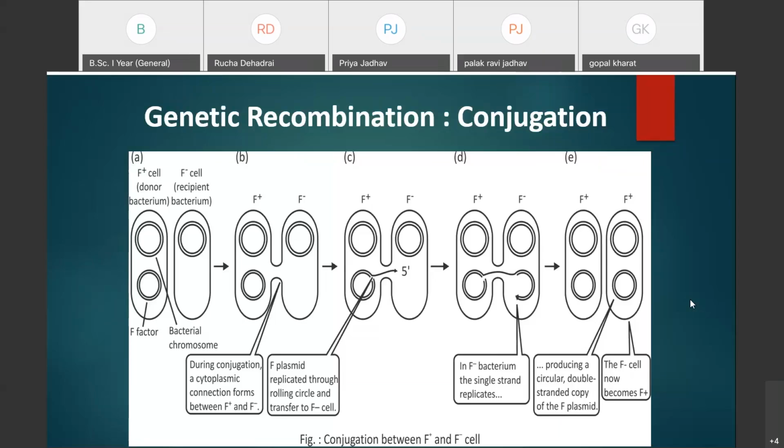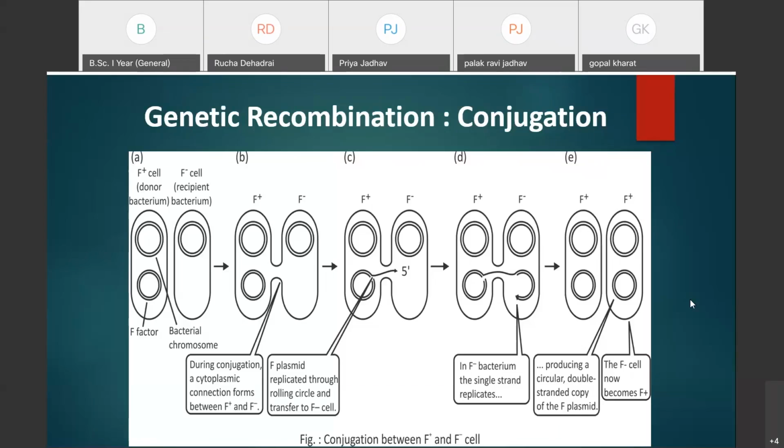It is more appropriate to use the term genetic recombination instead of sexual reproduction in bacteria. That's why I have mentioned the term genetic recombination in this slide, because it does not involve the fusion of gametes, but the interchange of genetic material is reported.